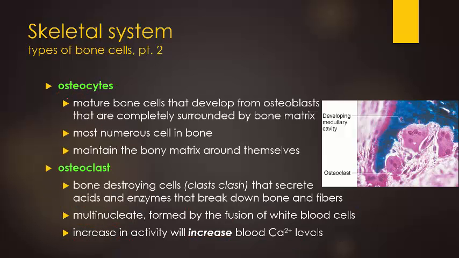Osteocytes, these are the cells that have walled themselves in. When an osteoblast walls itself up into its lacuna, then it becomes a mature bone cell that we talk about as an osteocyte. So osteocytes develop from the osteoblasts and are completely surrounded by the bone matrix, and they're inside a lacuna.